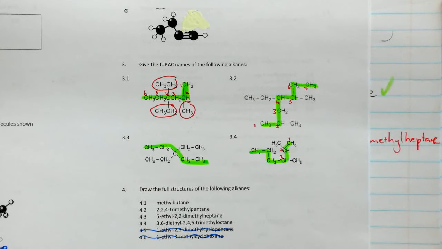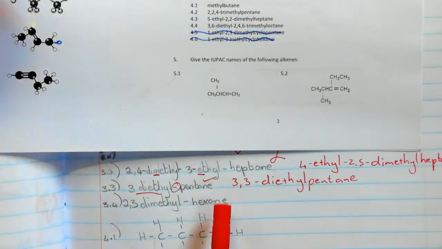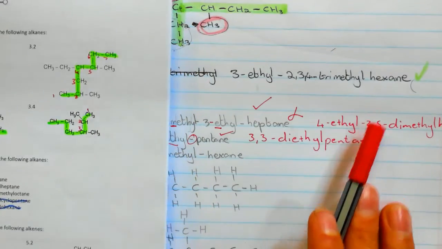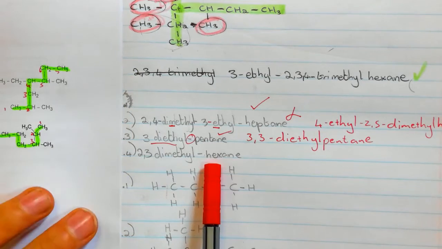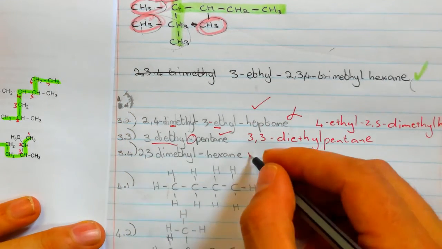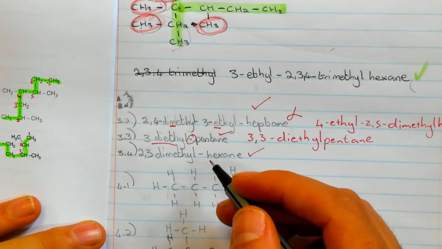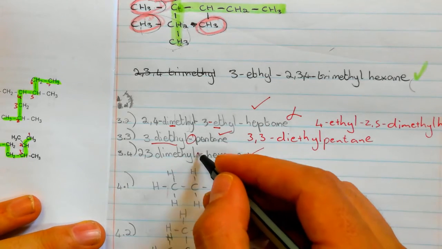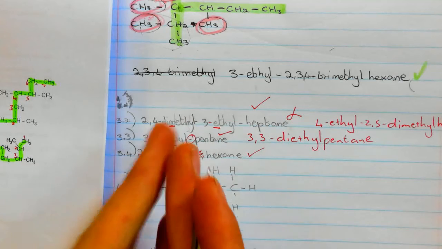Okay. So, how do we start numbering that? It is indeed going to be a hexane and 2,3 dimethyl hexane. That's correct. What's the only thing that's wrong with this name, gentlemen? Josh? The dash. That dash shouldn't be there. They should be together.